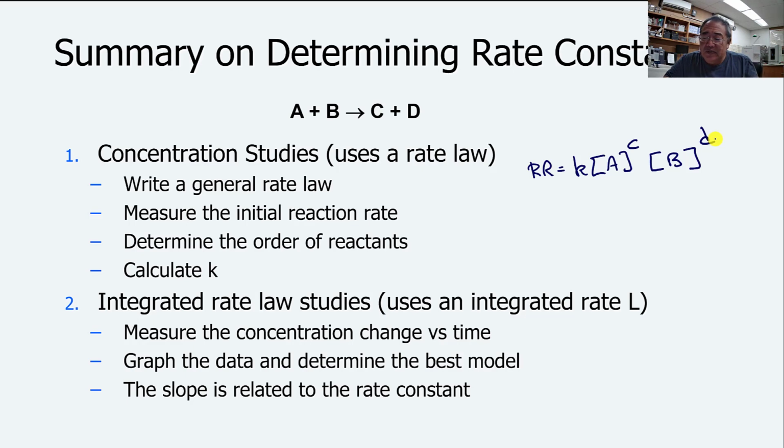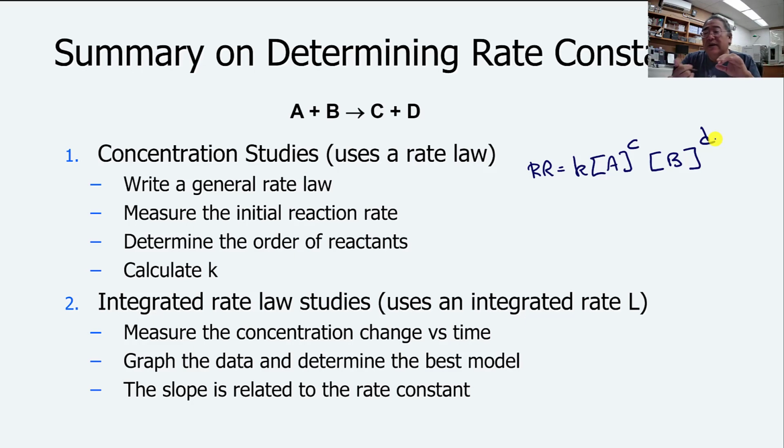Then we can determine the order of A, which is C. Then we hold A constant, change B, and look at what the order is, D, for the reactant B.